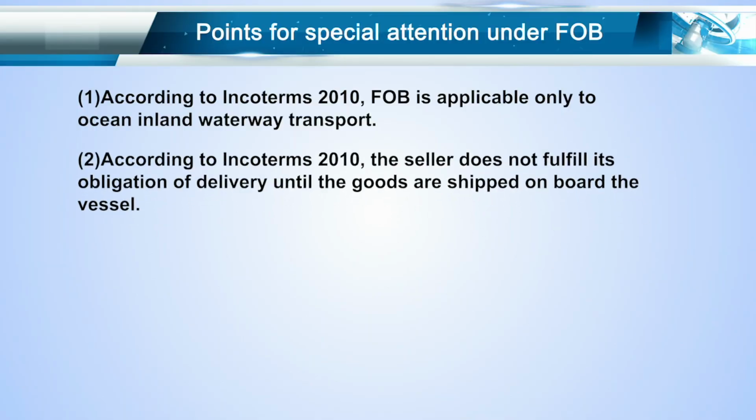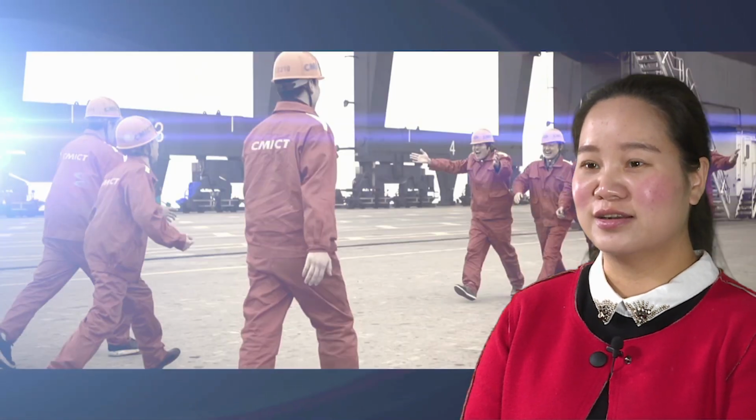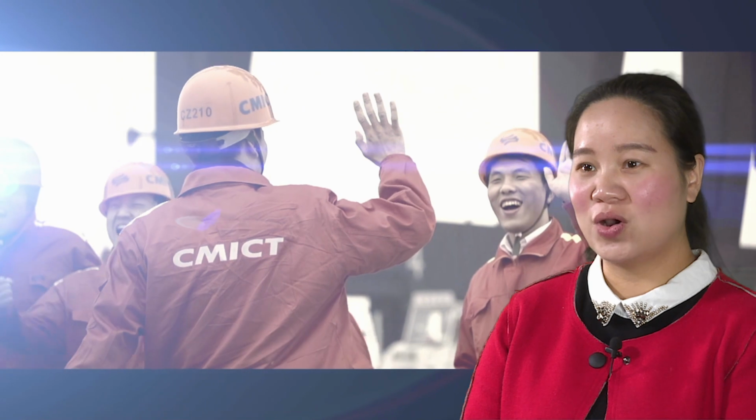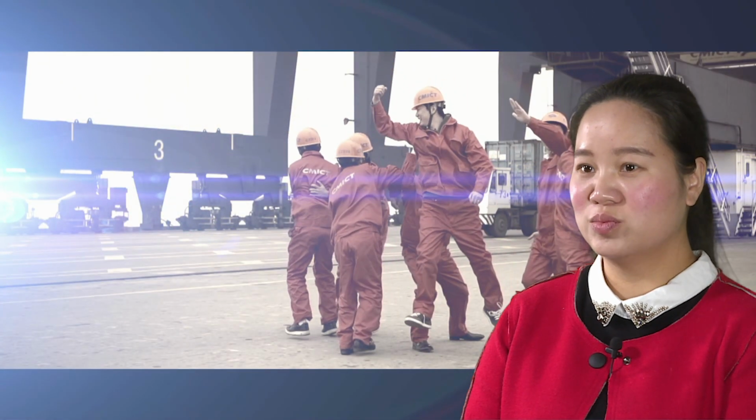According to Incoterms 2010, the seller does not fulfill its obligation of delivery until the goods are shipped on board the vessel. This is a big difference from Incoterms 2000, where the place of delivery is the ship's rail. The new rules require that the seller bear all the risks and costs to bring the goods on board. Such costs include loading expenses.